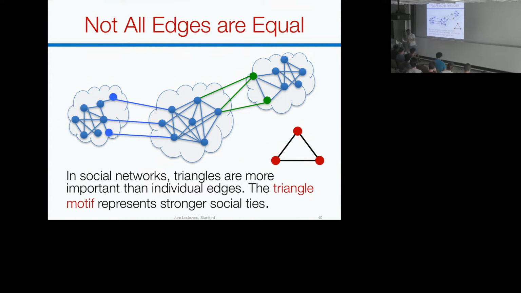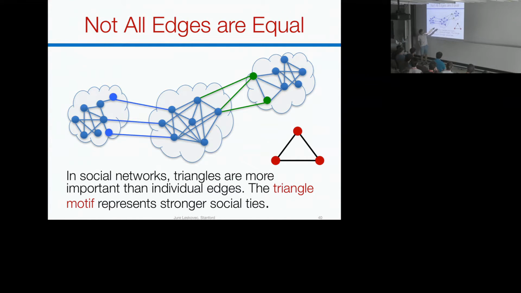What am I trying to illustrate here? What is the strength of the connection between these 2 clusters versus those 2 clusters? In some sense, you could say there are 3 edges across here and 3 edges across there. But assuming this is a social network, you notice that these 3 edges are forming triangles.